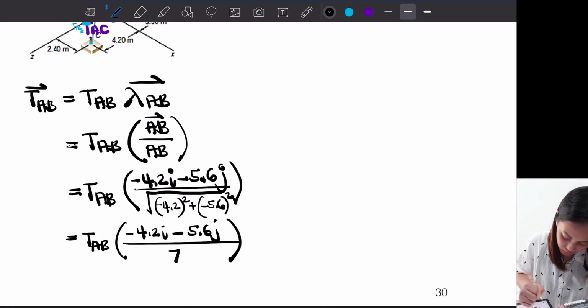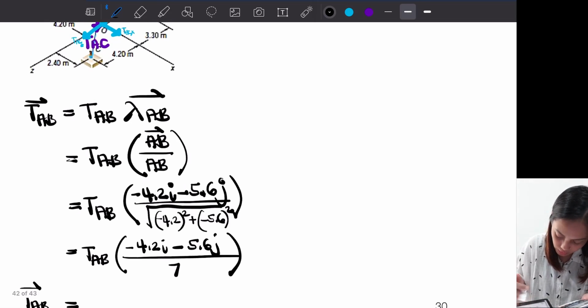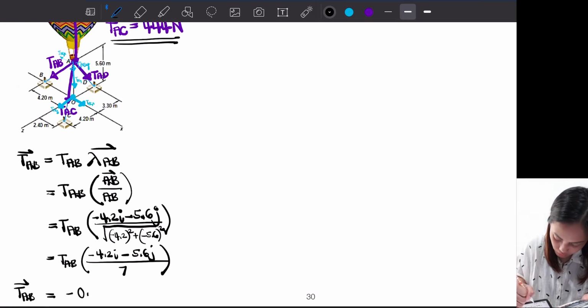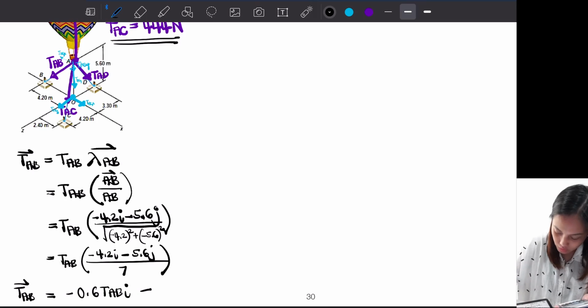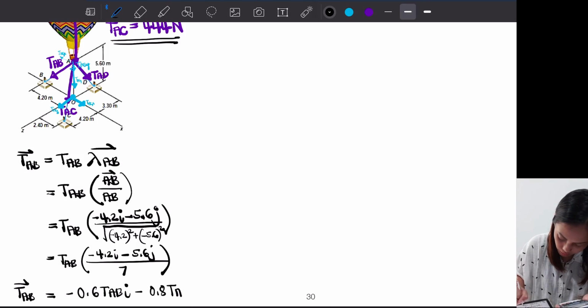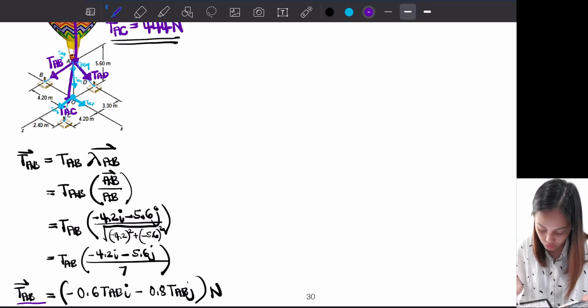Or vector TAB is equal to 4.2 divided by 7, negative 0.6 I, minus 5.6 divided by 7, 0.8, minus 0.8 J. Kana din siya. Unit is in newtons. So these are the components.